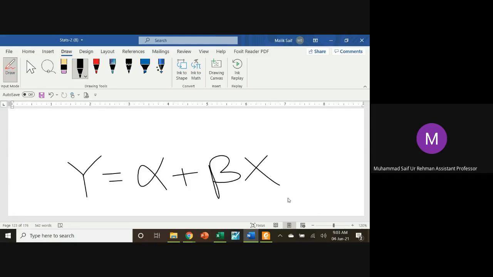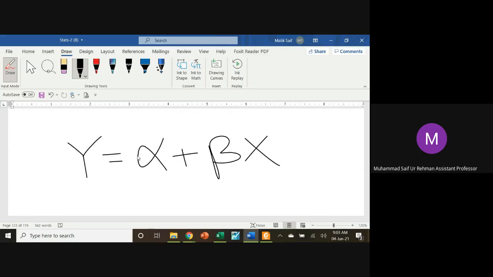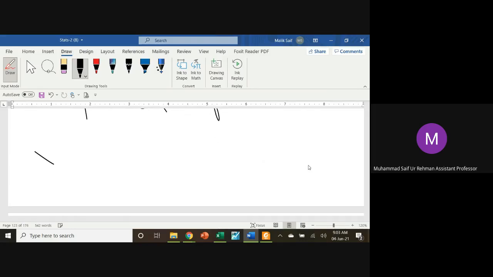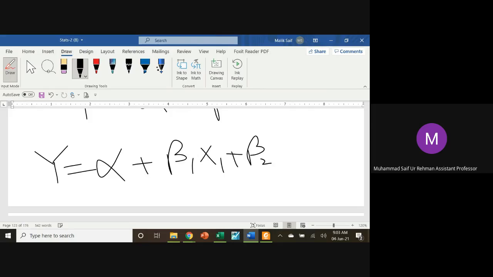So in that case, this is the simple regression equation, and if you introduce other independent variables, let's say like this: alpha plus beta 1 x1 plus beta 2 x2 and so on. So it is up to you how many variables you are going to write down or introduce in the regression equation.